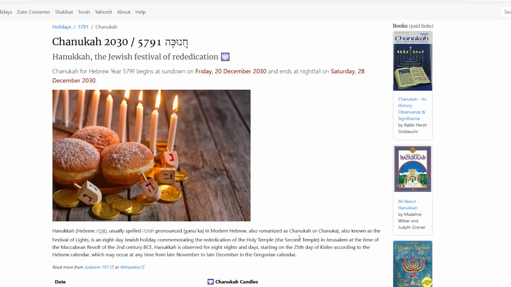They said it's known as the Festival of Lights, an 8-day Jewish holiday commemorating the rededication of the Holy Temple, the second temple in Jerusalem at the time of the Maccabean revolt of the 2nd century BCE. So I don't know. This could be it. So that's 7 years away.